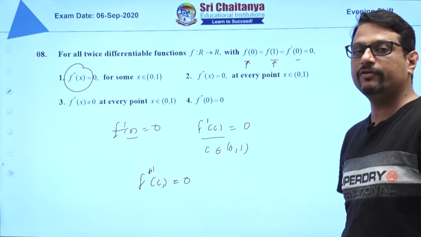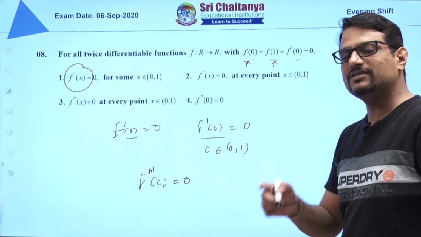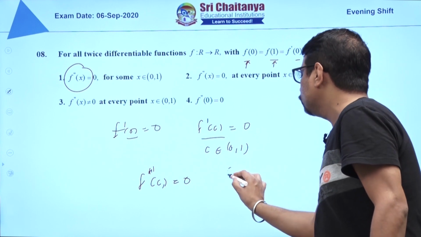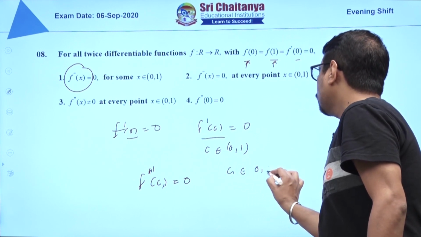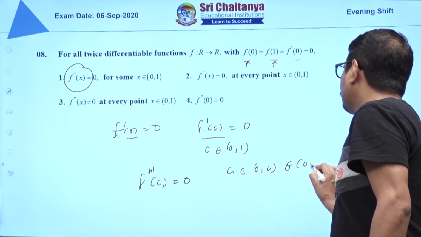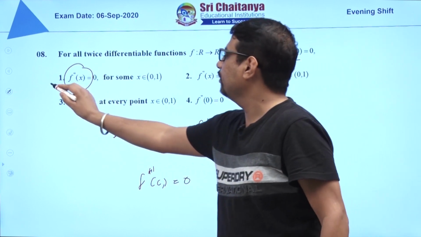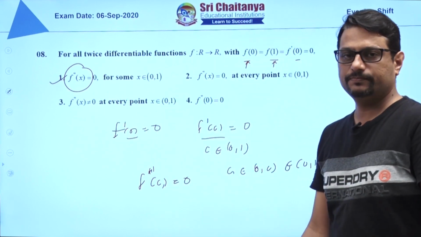And c1 will belong to 0 comma c, and if c1 belongs to 0 comma c, then obviously it belongs to 0 comma 1 as well.